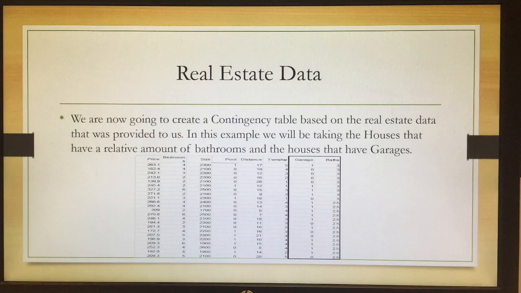So for this real estate data example for the contingency tables, instead of the pools like we did last time, we're now going to be focusing on the garages. We're going to be doing the same concept with the number of beds, but this time we're focusing on the number of garages based on the bathroom.